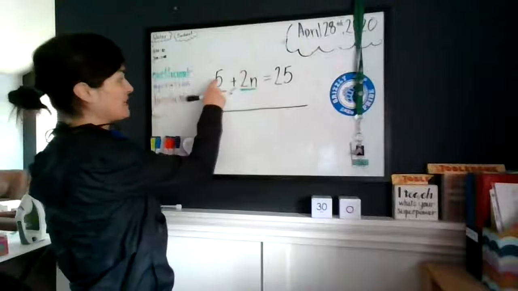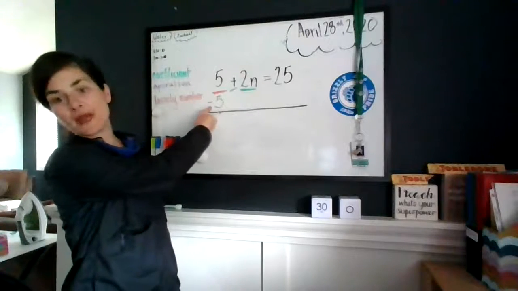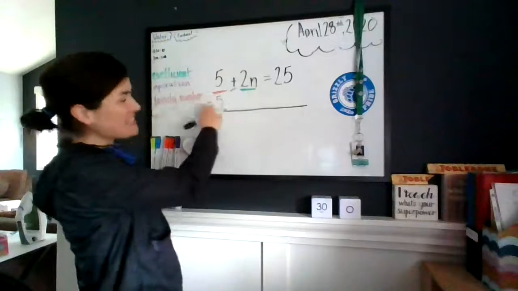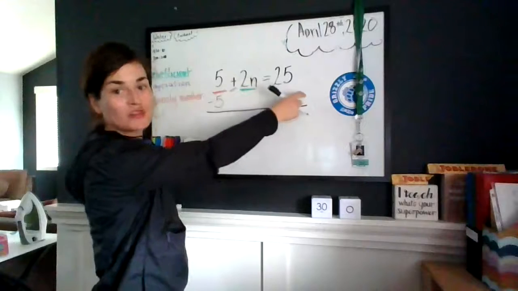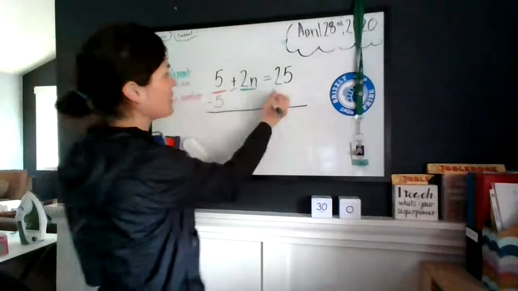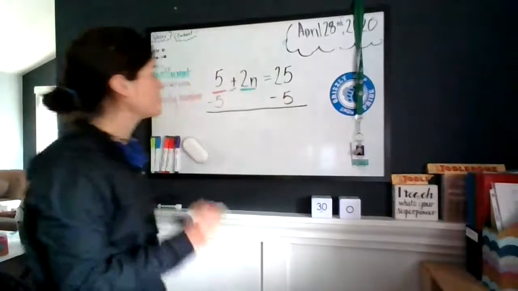All right, so if I'm taking 5 away on this side, I know that in a two-step equation, I need to do the same thing on this side to keep my equation balanced. So I'm also going to take 5 away from this side of the equation.